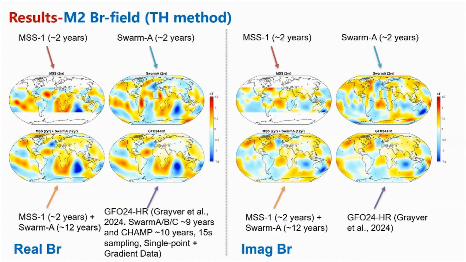Also, I show the result from Grayver as a reference result. So I can make a conclusion: even with the 2 years MSS-1 data set, it can extract the M2 tidal signal quite well, and to some extent, it has better performance compared to the data from Swarm A. A similar conclusion can be obtained from the imaginary part.